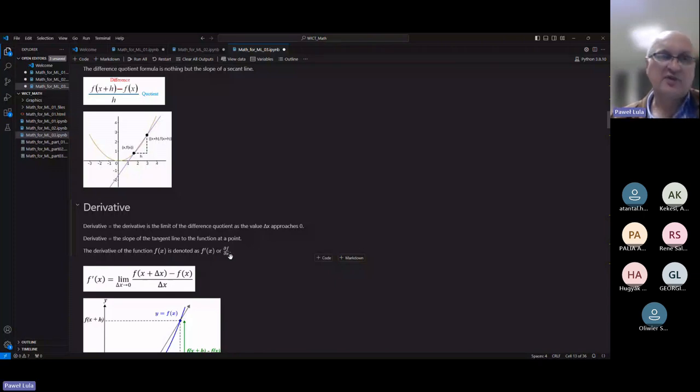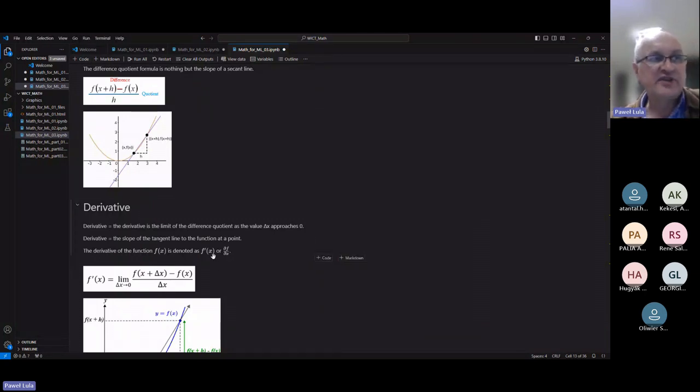These two symbols are equivalent, and in some books, in some papers, we can find this, in some, we can find this symbol. So for the first derivative, we use the same letter which we have in the name of the function, f, and here this apostrophe, one, because it is the first derivative.